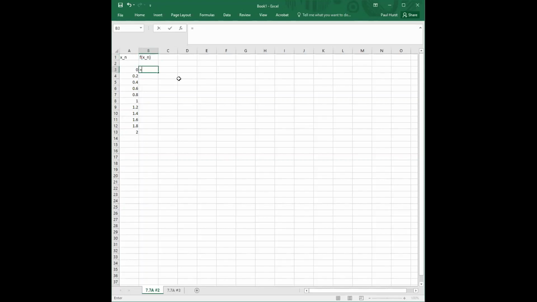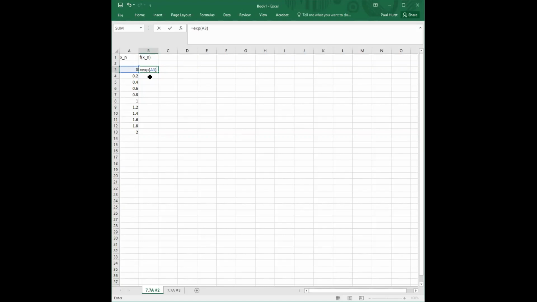If I go equals, and the function, remember, was, dang, what was the function? Okay, it's e to the x over 2 plus x squared. So for e to the x, type in exp, and then in parentheses, I'm going to put A3. That will use whatever's in this cell. exp means e to the x, and A3 is the value of x.